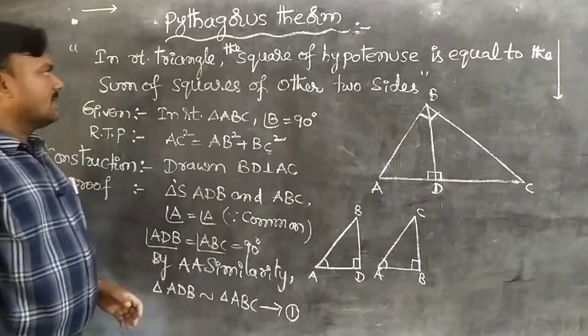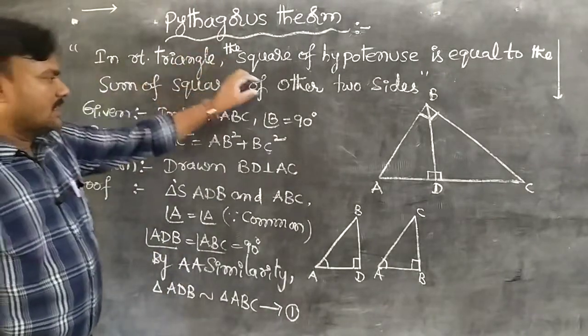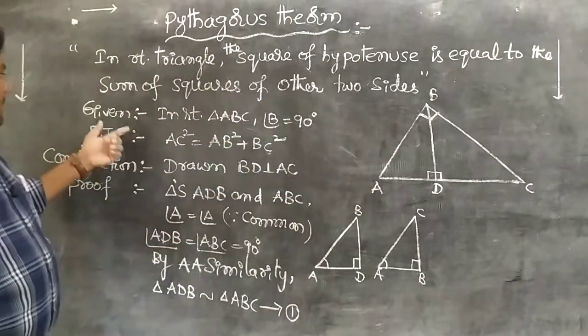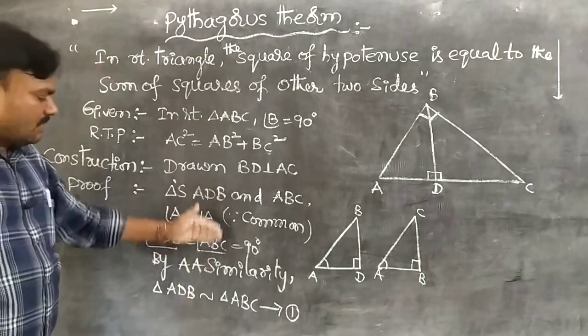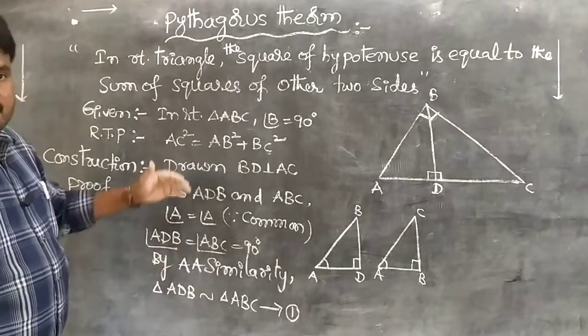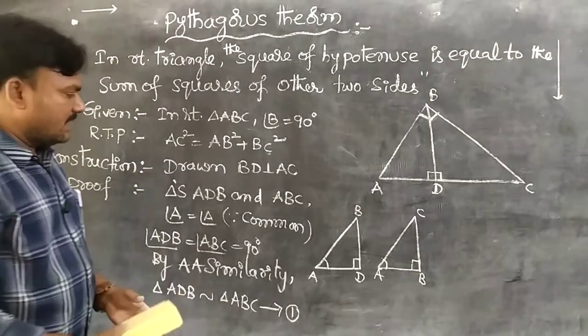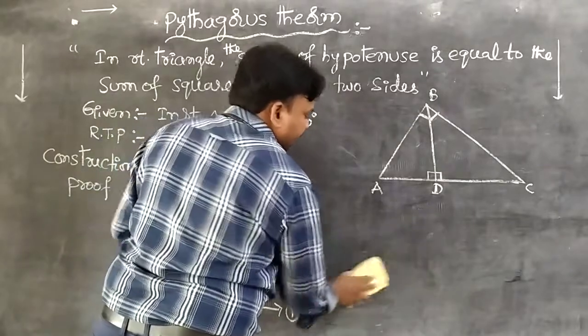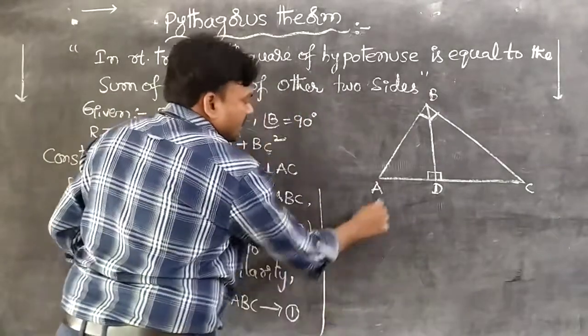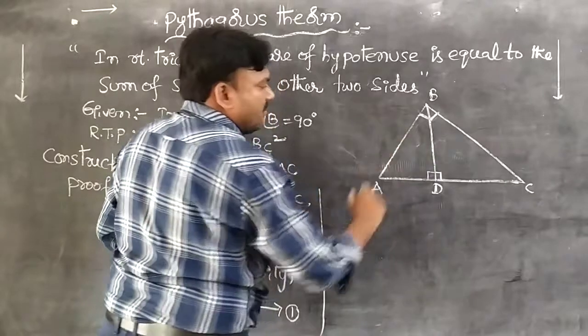So, students, this is the statement and also figure. Next, given part, RTP, construction, finally proof part. Second one: ADB triangle and whole triangle ABC completed.